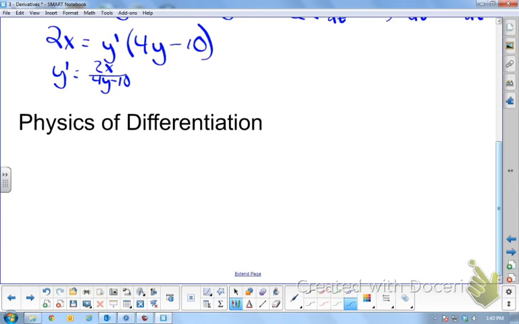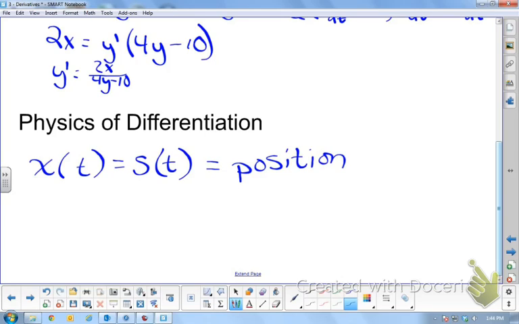So, physics of differentiation. And the physics really works so much with integration. We'll probably talk about it again with integration and put it all together. But with differentiation, we normally started with position, which is either x of t or s of t. I almost always use x of t, but occasionally they use s of t to mean position.